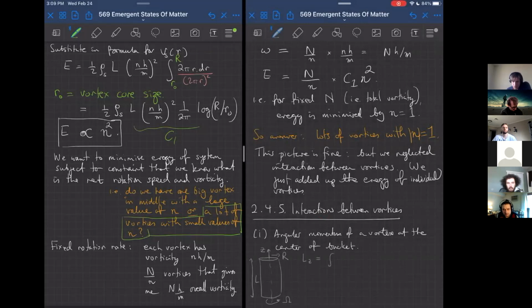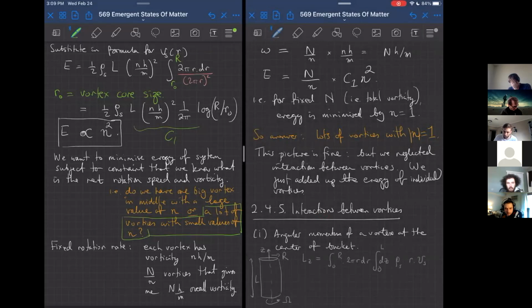That's the integral from 0 to r of 2 pi r dr, of the integral from 0 to L dz, of the angular momentum density, which is the superfluid density times r times the superfluid velocity.